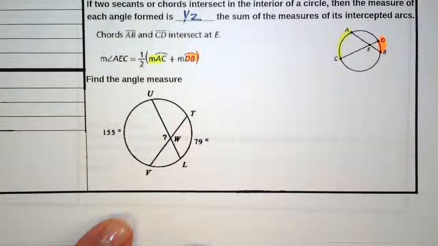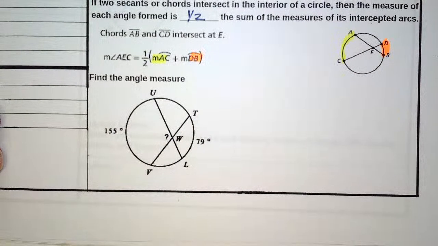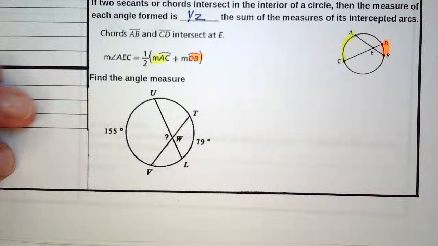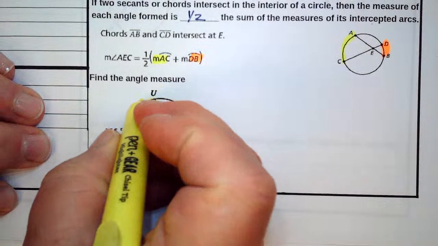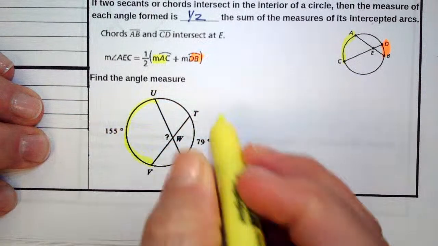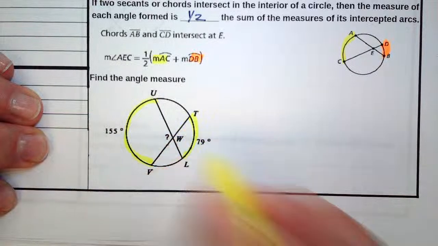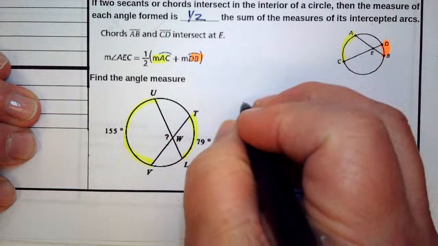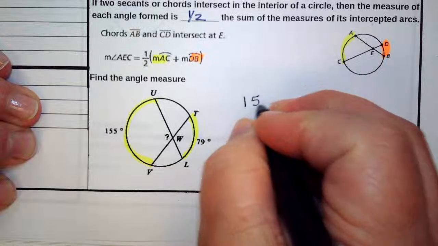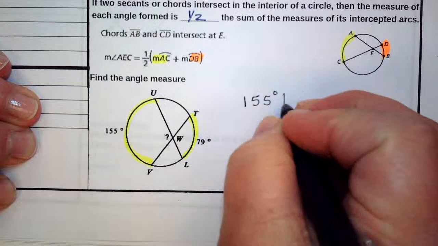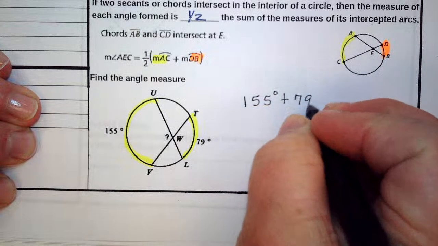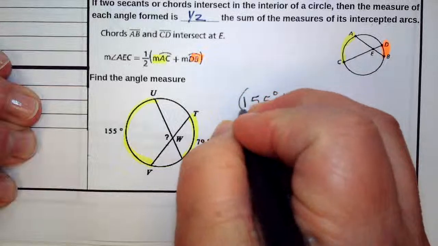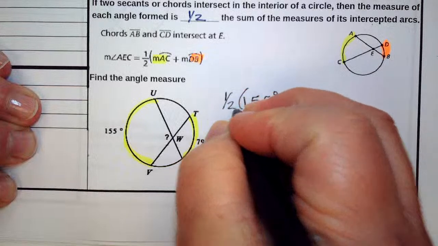So let's apply. If I'm looking, I've got this and this are my two intercepted arcs. So I can say 155 degrees plus 79 degrees, and I'm going to multiply it by 1/2 or divide by 2.